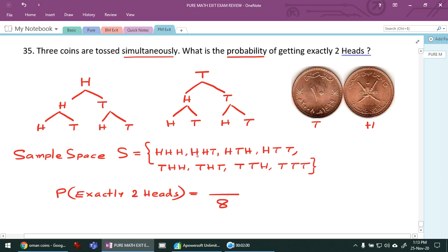Out of that, where do we have exactly 2 heads? You cannot count this because this has 3 heads. We will take this one, then this one and this one. Only 3. Here 2 heads, here 2 heads and here also 2 heads. Rest none of them have 2 heads. So 3 by 8. The probability of getting exactly 2 heads is 3 by 8.